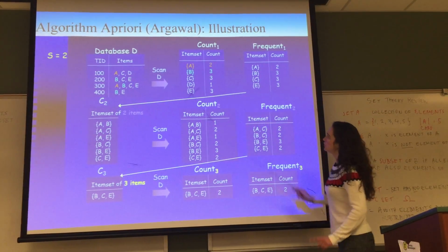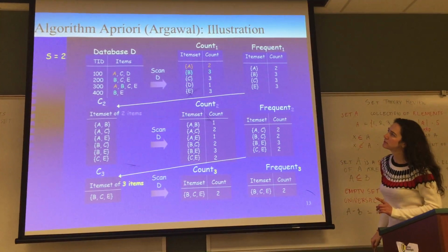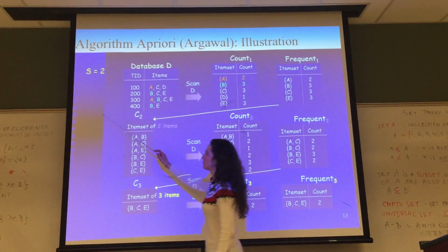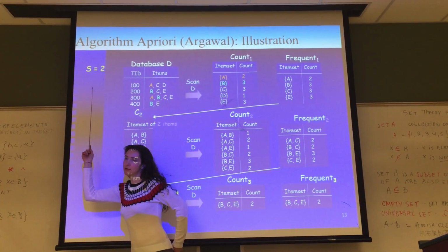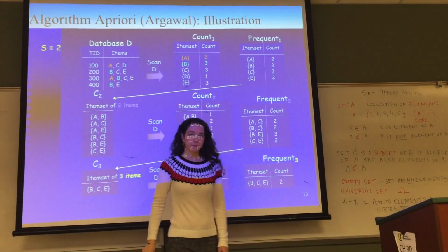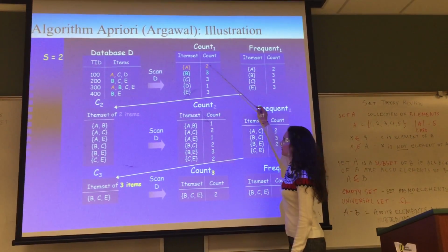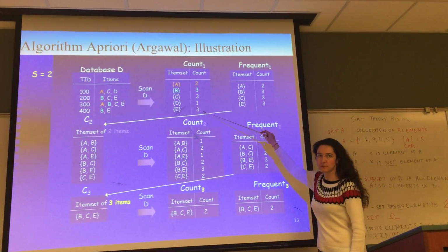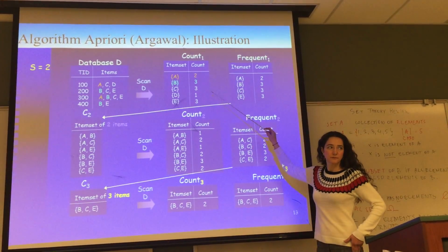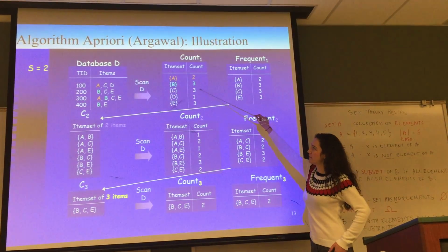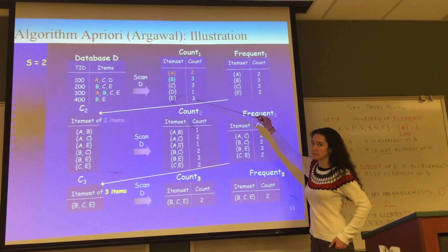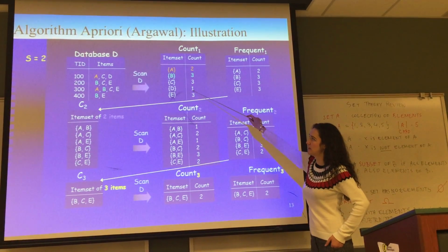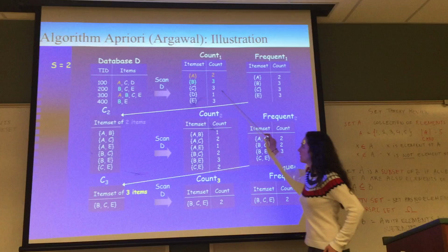Now, the user said minimum support should be equal to 2 or the sets are not considered frequent. So if we look here, are these frequent or not? Are all of them frequent? This one is not frequent because it's equal to 1, that's less than 2, so we cross it out.